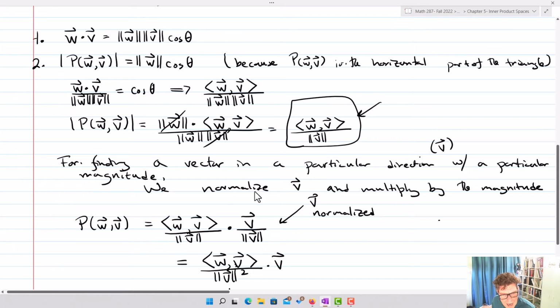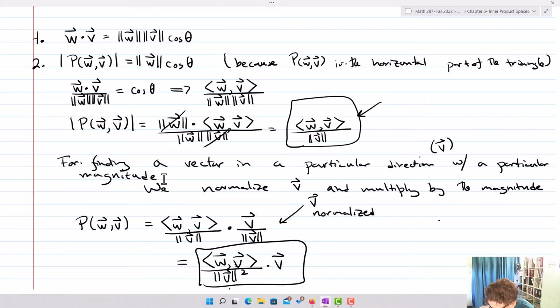Then we multiply its magnitude times the normalized vector V over the magnitude of V. So this is unit times its magnitude, and that gives us the orthogonal projection. Make a note of it. This is the equation for the orthogonal projection.